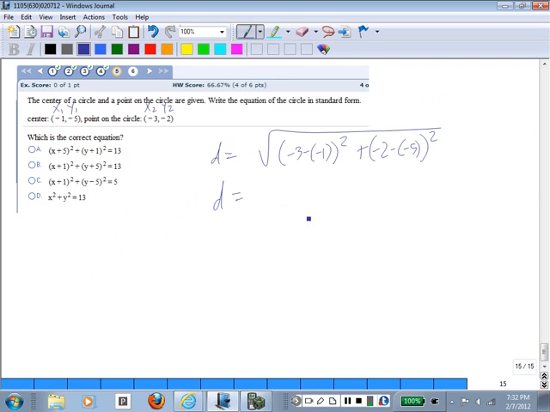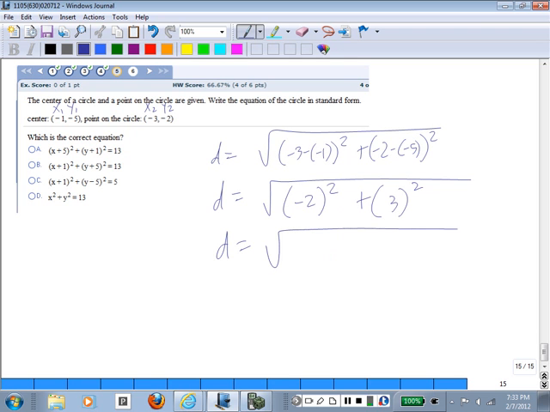Is that negative 2 quantity squared? And shame on me for skipping steps here, that is positive 3, isn't it? Negative 2 plus positive 5 is 3. Square that. So D equals the square root of whatever 4 plus 9 is, 13. That is the square root of 13.